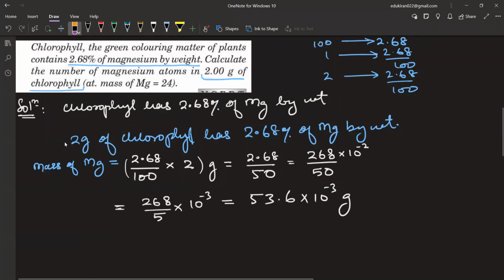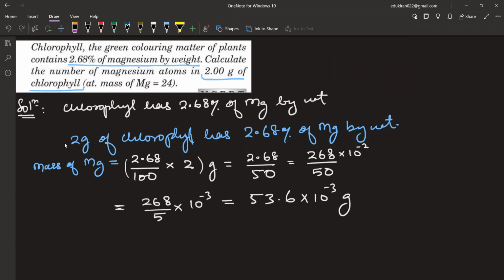Write this down, all of you. Why have they given the atomic mass of Mg, 24? They are asking the number of magnesium atoms, so we'll calculate that too. First we'll calculate the number of moles, then only we'll go to the number of atoms.